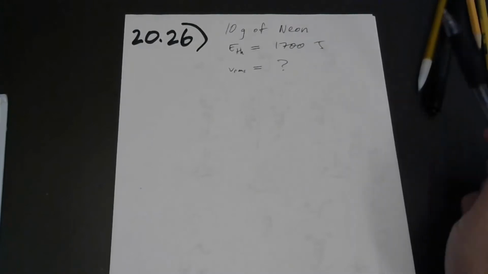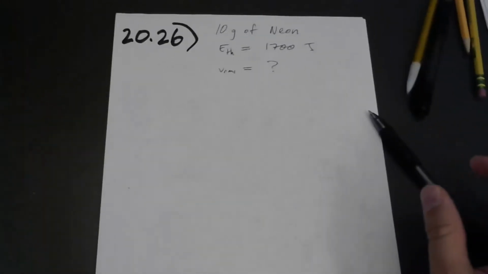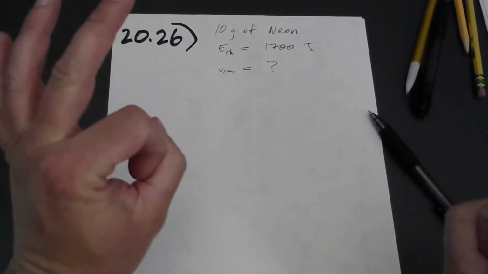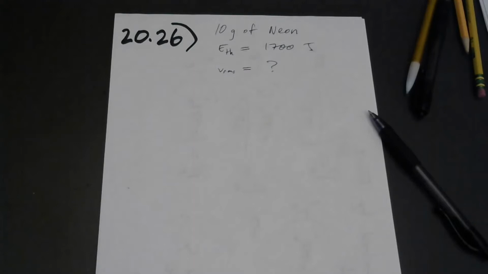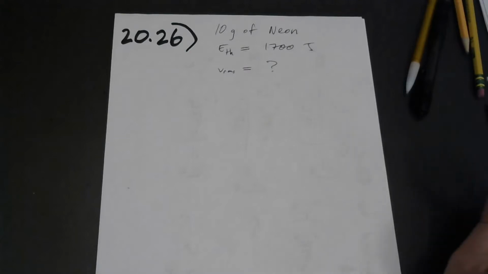For an ideal gas, remember, we pretend that these gas particles are quite far apart from each other usually. They don't interact, so none of the energy of this gas is tied up in potential energy. It's all kinetic. But we also know that kinetic energy is measured by the temperature of a gas. So if we know the temperature, perhaps we can find the energy.